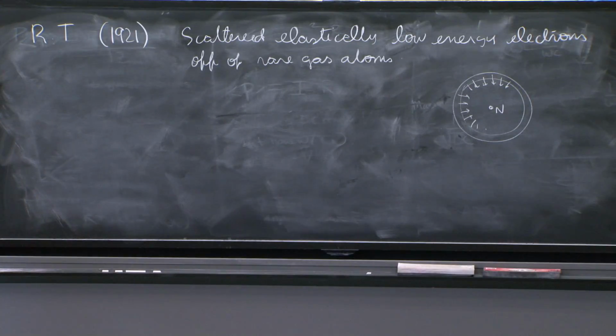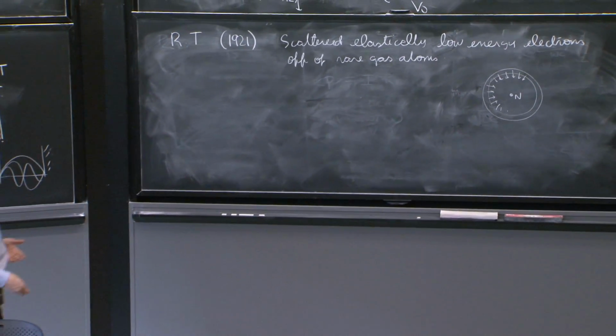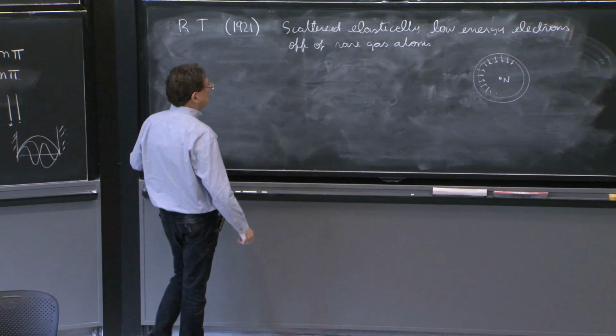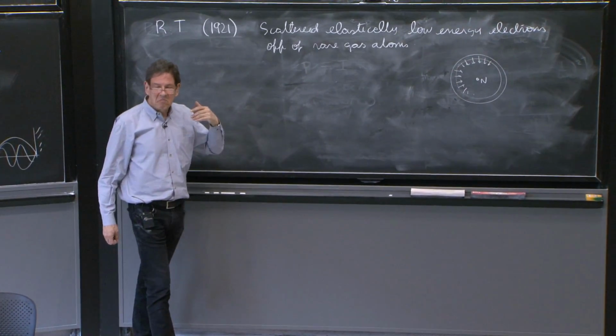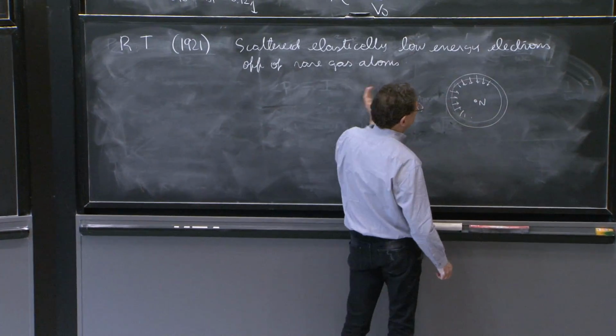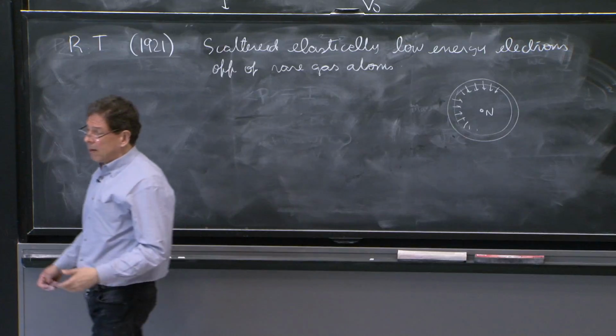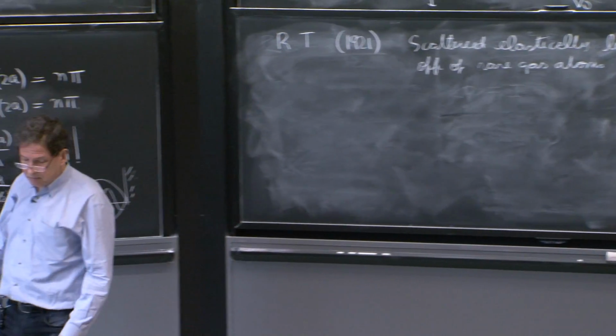So what these people did was throw these electrons, and they considered that the electrons scattered a lot when they bounced back. On the other hand, if the electrons passed by, they said nothing has happened.